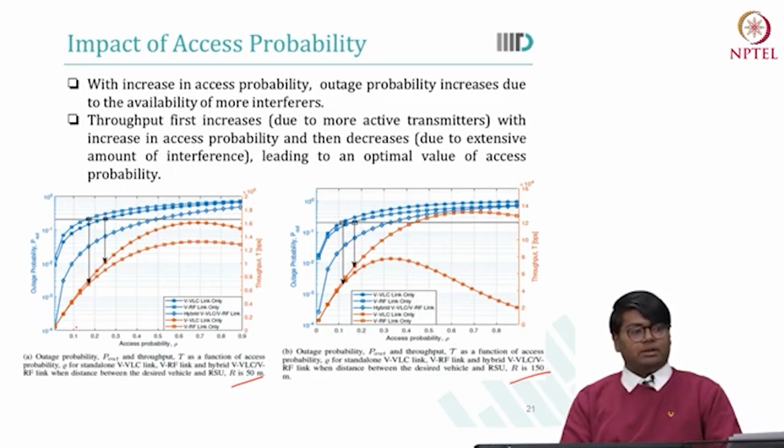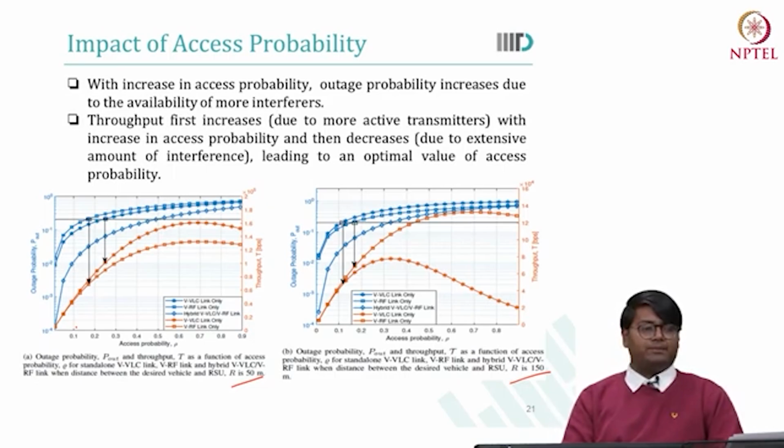So we should note here that the throughput of my hybrid VLC RF system depends on the maximum throughput offered by either standalone vehicular VLC or a standalone VRF system. In order to ensure a certain quality of service, one must also guarantee outage performance as well.